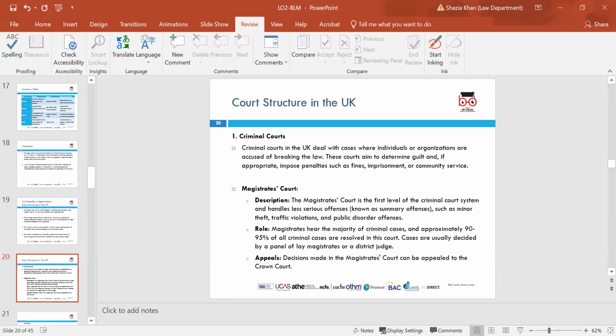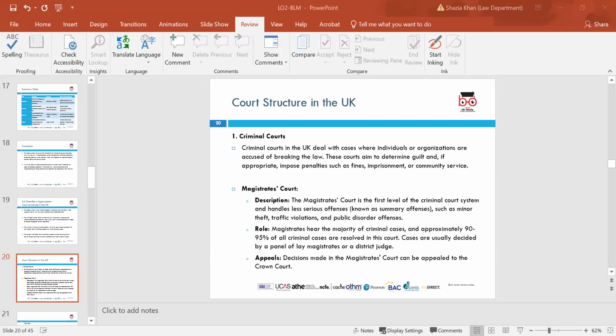So the court structure, the criminal courts. The first one is the magistrates' court. The magistrates' court is a court of first instance. It deals primarily with criminal cases, but has some limited jurisdiction in respect of civil matters.